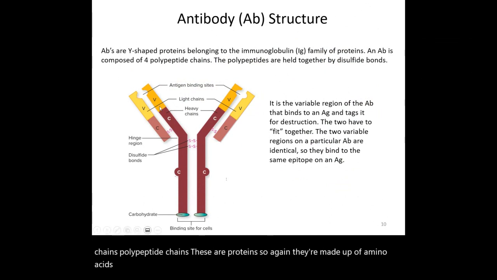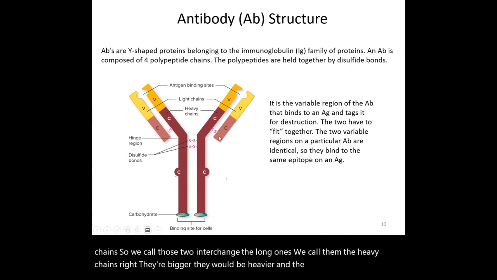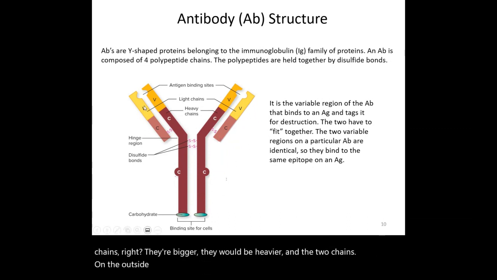In the middle of this Y are these 2 longer chains. We call those 2 inner, long chains the heavy chains. They're bigger, so they would be heavier. And the 2 chains on the outside, we call those the light chains. So 4 polypeptide chains: 2 light chains and 2 heavy chains.